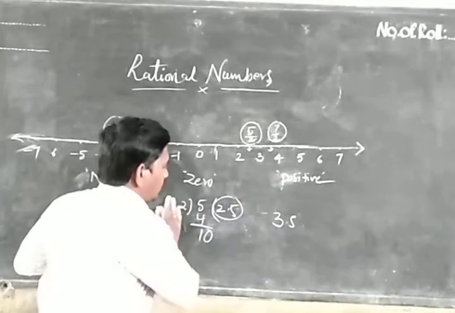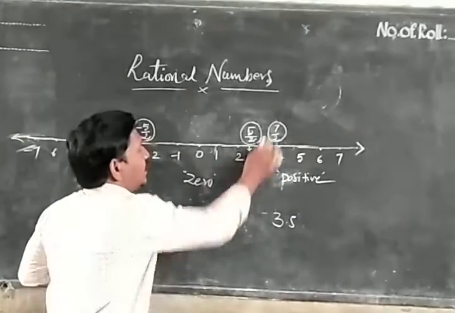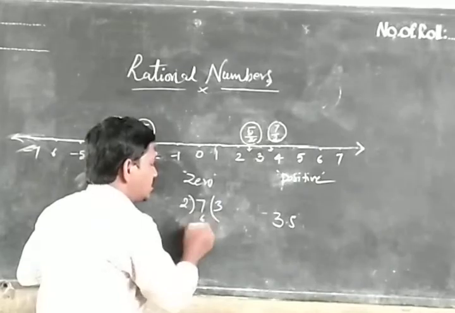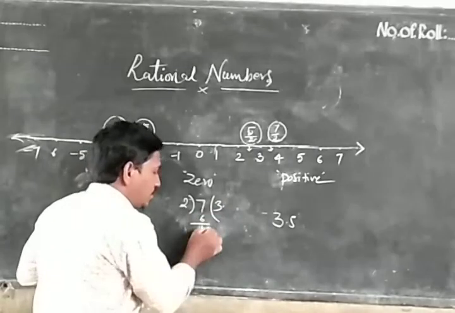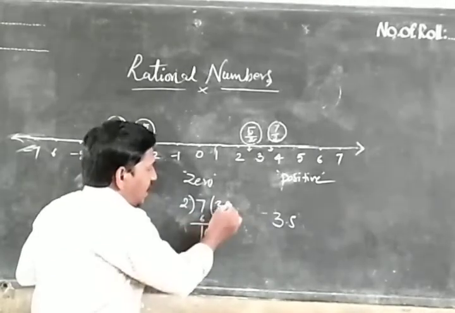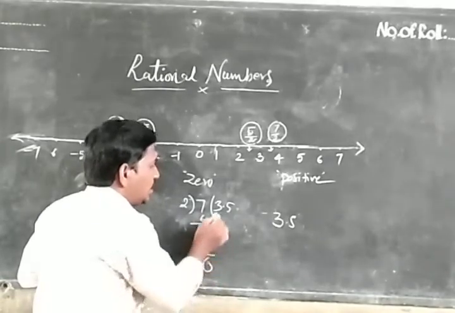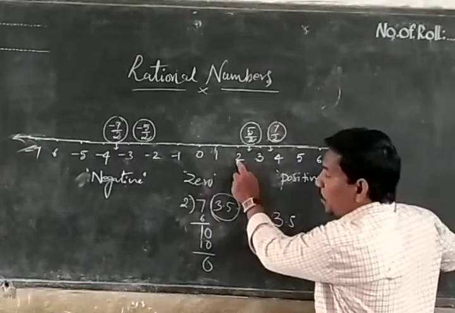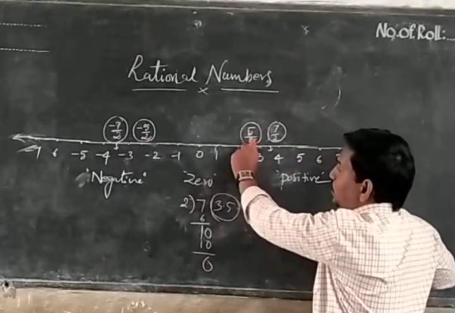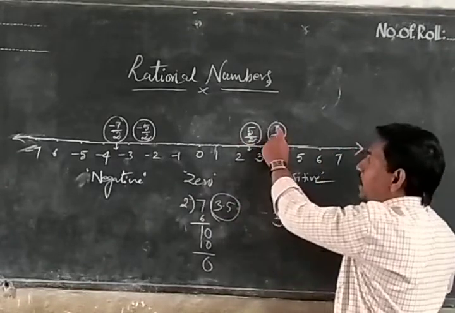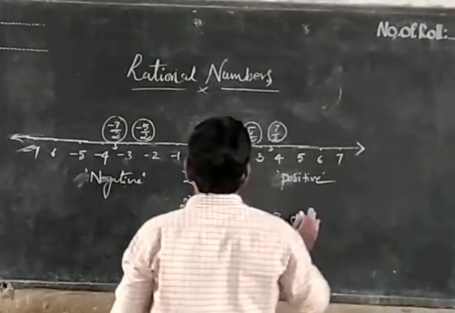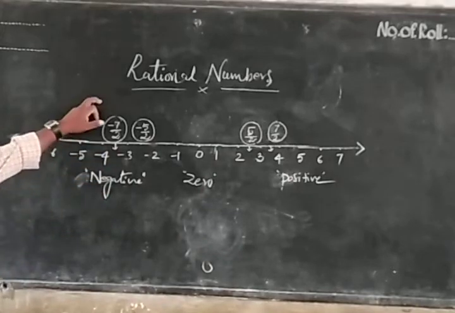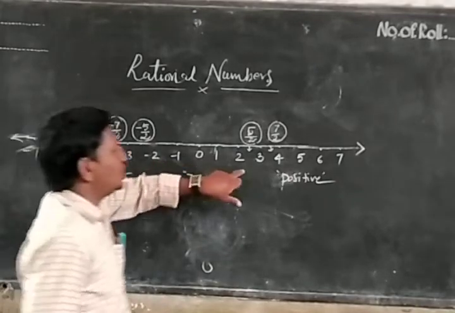So what is 7 by 2? 7 by 2 means 2 threes are 6, 1 remaining, so 3.5 is represented by 7 by 2. 2.5 is represented by 5 by 2 and 3.5 is represented by 7 by 2. So you can represent the rational numbers between two rational numbers.